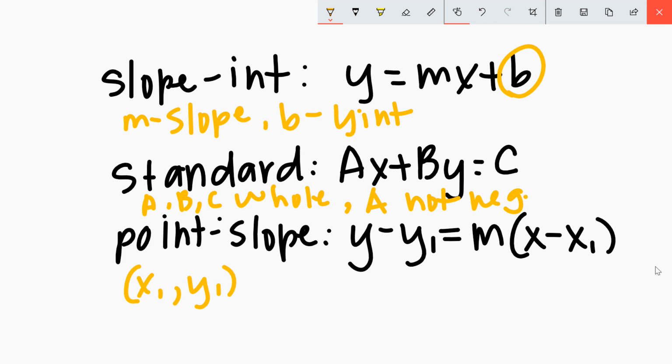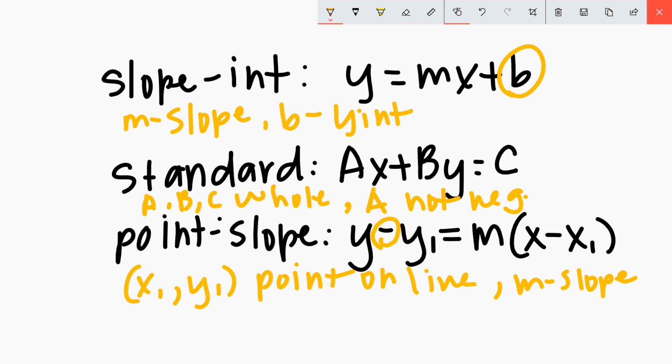this is a point on the line where you would start by graphing. Your m is your slope, just like your slope-intercept version. And these are always negative if these are positive.